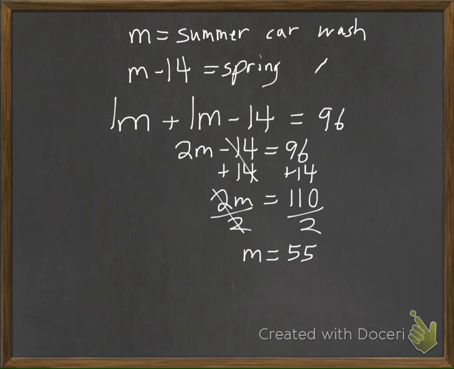We want to know the spring, so we need to know the summer amount minus 14. So 55 minus 14 gives us 41. So 41 is the number of cars they washed during the spring. So again, it's that issue of if you got 55 as your answer, then you probably wrote your equation correctly and solved it correctly, but you just didn't make sure you were answering the correct question at the end. So always make sure you read the question and know what you're answering.